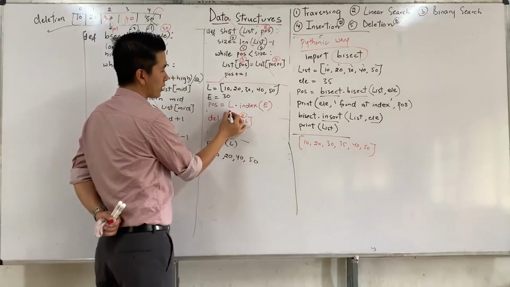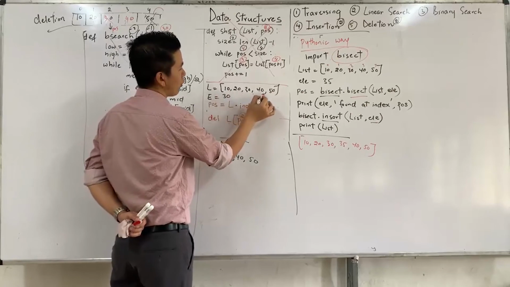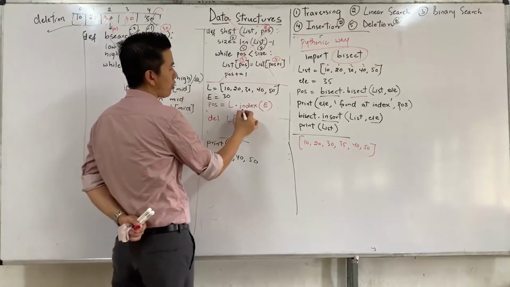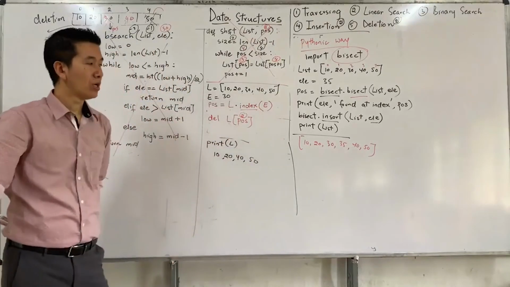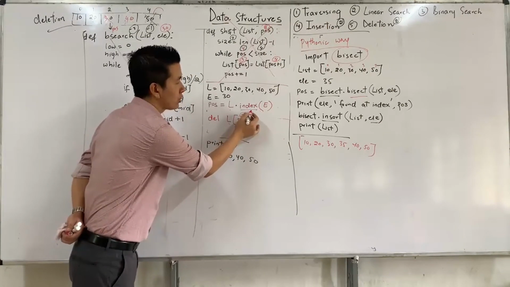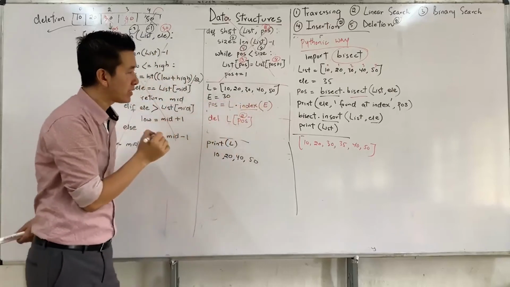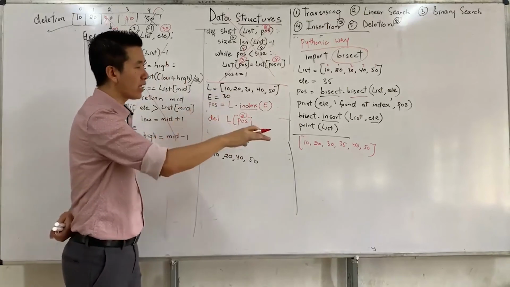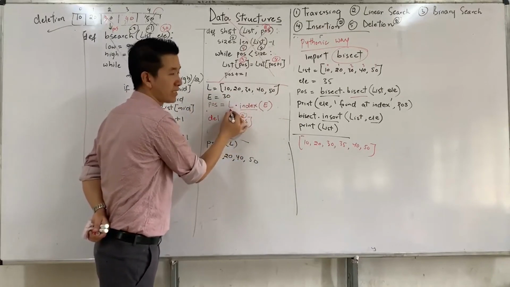So L is the list that contains the original elements like 10, 20, 30, 40, and 50, to which I apply a function called index. So this function will return the index or the position of E in the list of L. I repeat, this particular function will find the index position of E in the list.